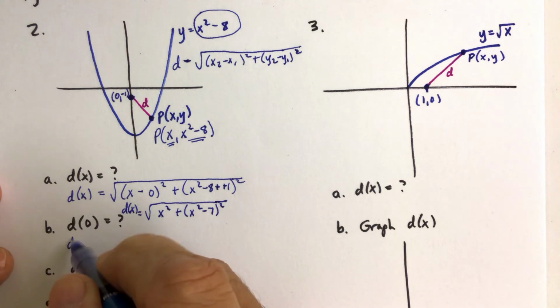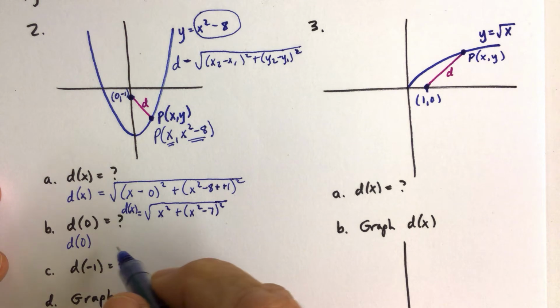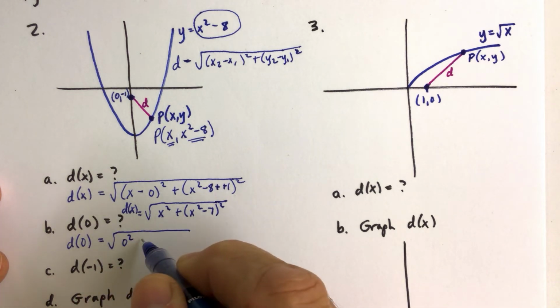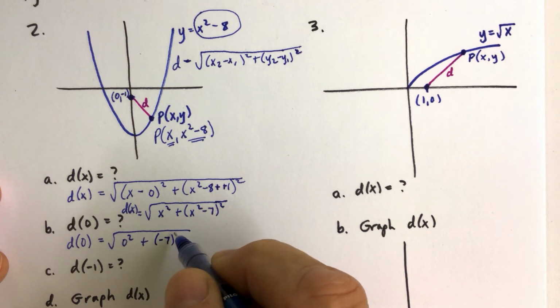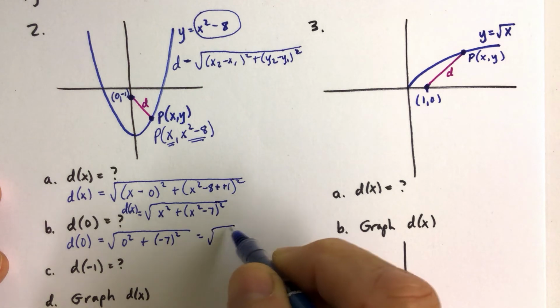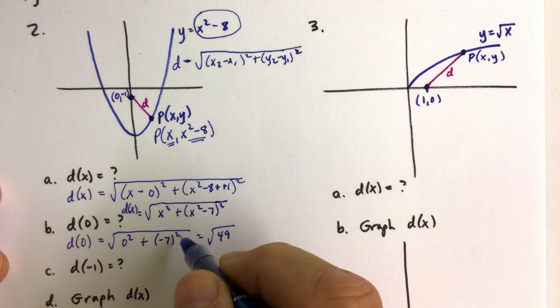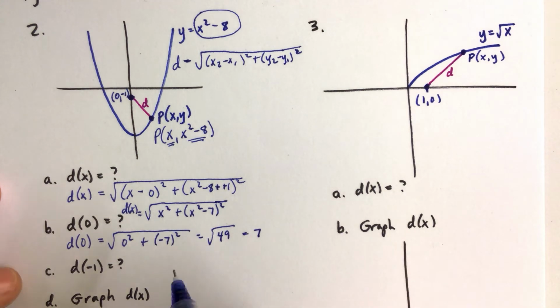To figure out what the distance is between the 2 points, if x happens to be 0, we would replace x with 0: 0 squared plus 0 squared minus 7, so we have -7 squared, which is the square root of 49. 0 squared is 0, -7 squared is 49, and the square root of 49 is 7.